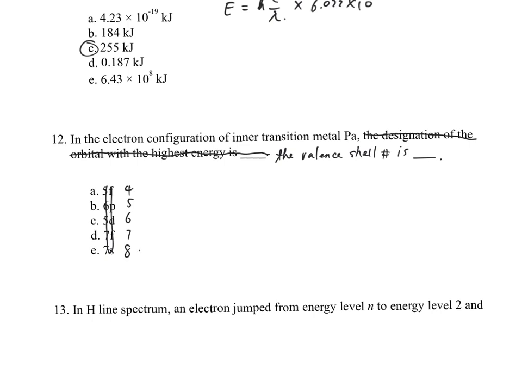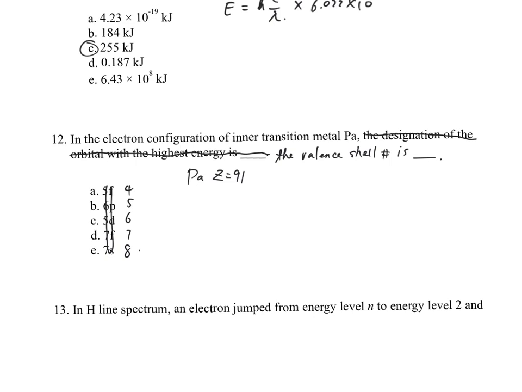So if you look at element Pa, this is number 91, and number 91 is in the f area. So its highest energy orbital is the f orbital. But highest energy, as we discussed earlier and also in class, is not your valence shell.